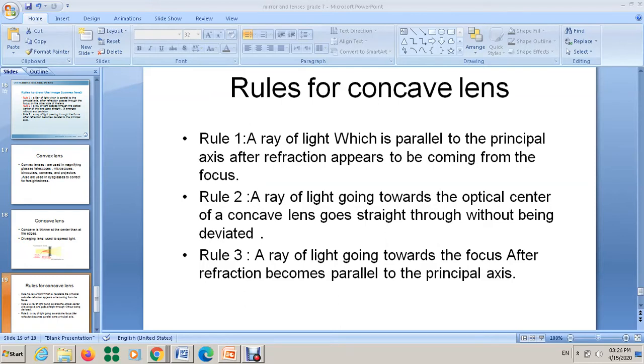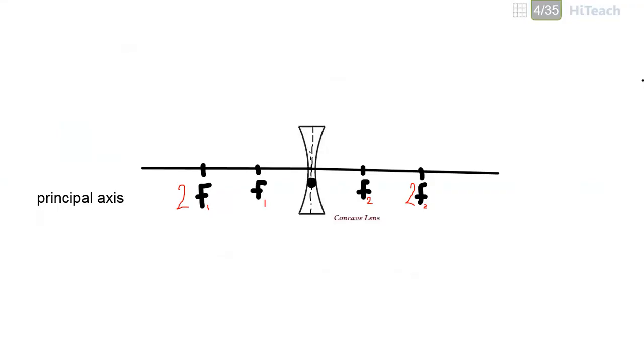Rule number 1: a ray of light which is parallel to the principal axis after refraction appears to be coming from the focus or the focal point. Let's do it together and draw it with me now.